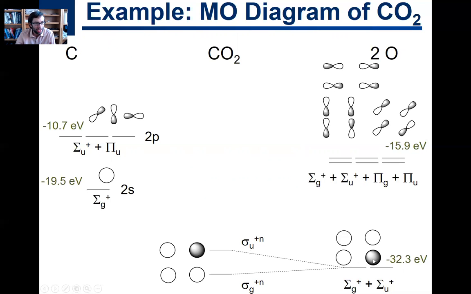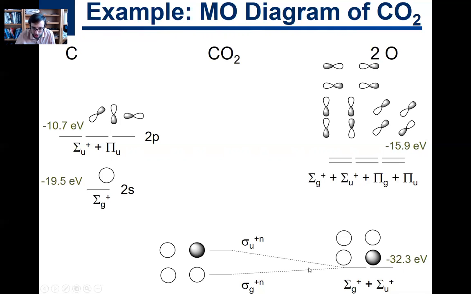This is greater than 10 eV. That's a lot, okay? So technically, you could have some bonding here between the 2s sigma g plus and sigma g plus, but it's not going to be a lot. More likely, most of your bonding is going to be sigma g plus here and sigma g plus here. So they're more similar in energy, right? 15.9 and 19.5. So the best representation is just to call these non-bonding.